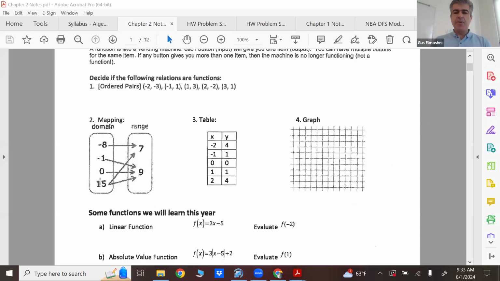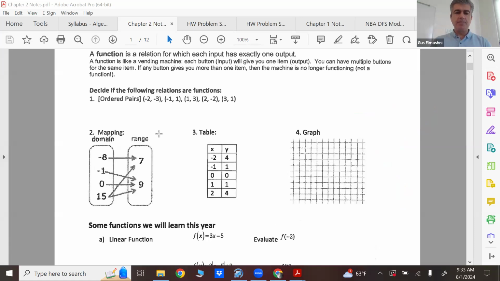Another way to think about this too is that x can't be repeated. Because if it's repeated, it's not a function. So here, fortunately x is not repeated. X is unique. So the answer is yes.